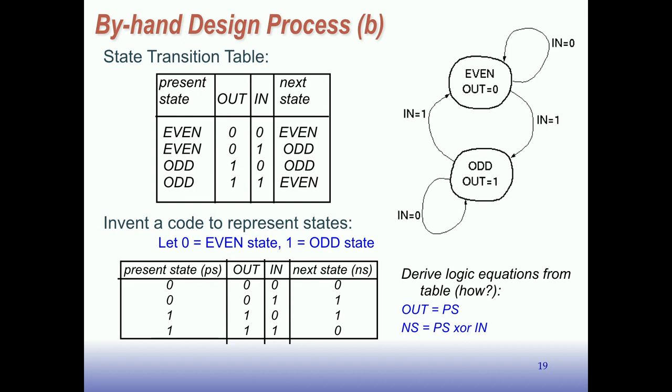And then out, in this case, because of the code that we chose, is just out equal to present state. You can see the out function here. It matches the present state exactly. If we chose to represent even in the flip-flops with a 1 and odd with a 0, the state machine would still function. It's just the output function would be the complement of present state. And I think it might change this to exclusive NOR. I'm not sure.